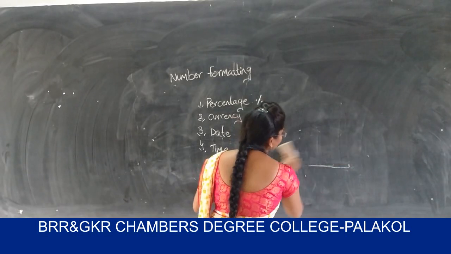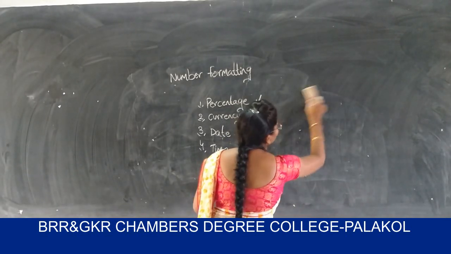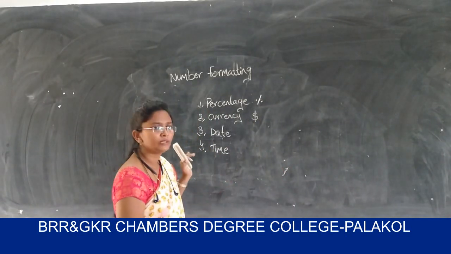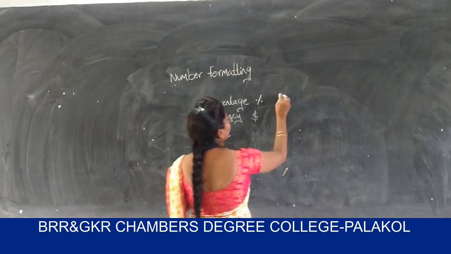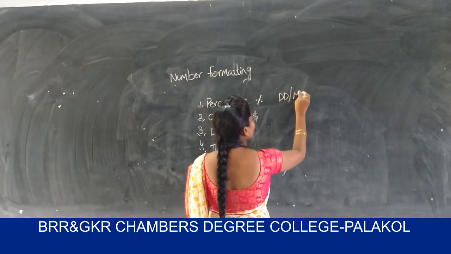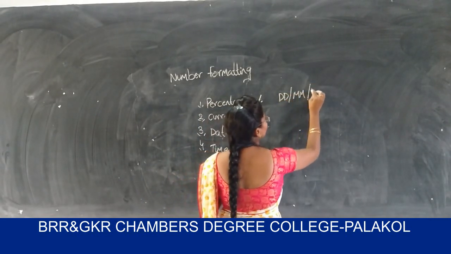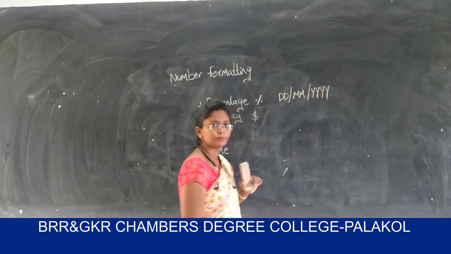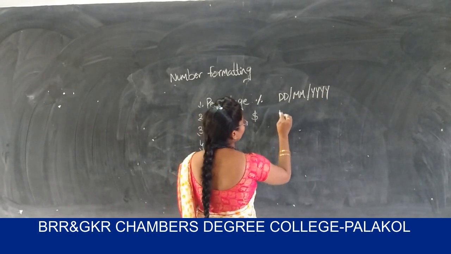how can you enter the date in an Excel sheet? There are different formats available in the Excel sheet. The formats available are date, month and year. This is one format.